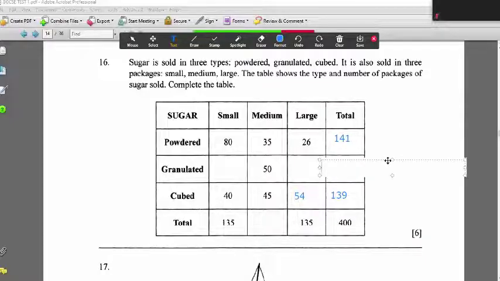So in this case, we're going to have 55 here. And then again, look at this. We have everything here, 35, 50, and 45. So there's no subtracting. Plus 45, in this case we have 130.